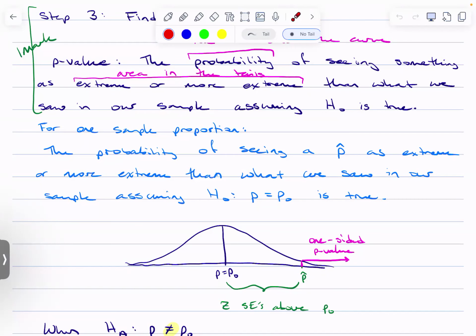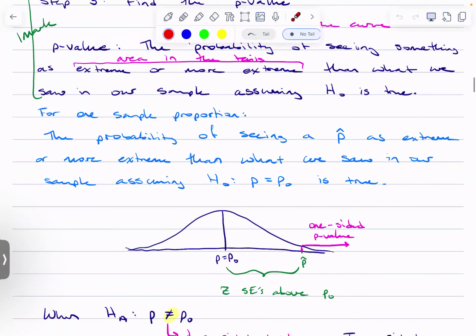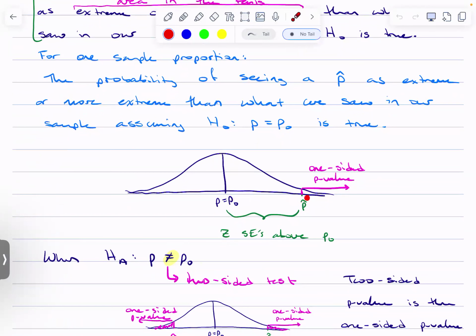Just by random chance alone, it is possible, right? But if the probability is small enough, then we cross this threshold where 0.05 is usually what we use, right? Where we say, okay, the probability of this p-hat happening if P is in fact P naught is very, very small. So that leads me to reject H naught in favor of HA.